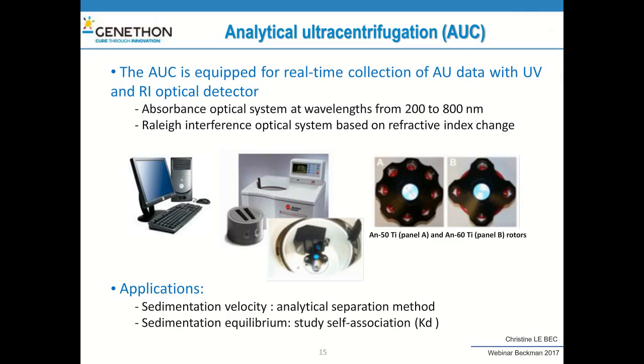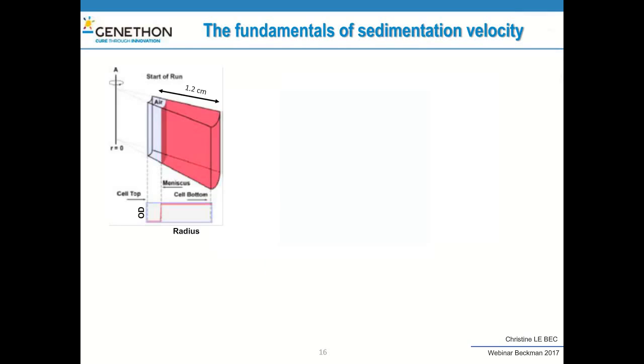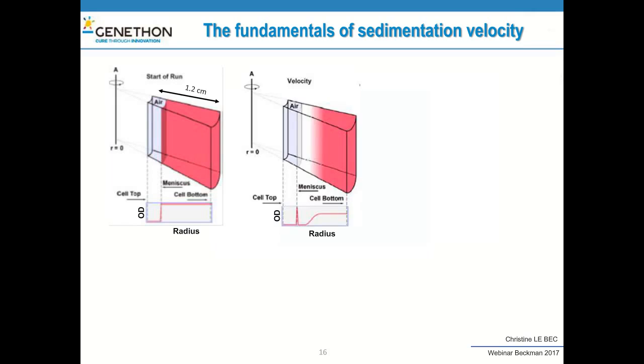We apply sedimentation velocity to separate full and empty particles. At the beginning of the run, you have a homogeneous signal from the meniscus to the bottom. When you start the sedimentation, you form a boundary over time.